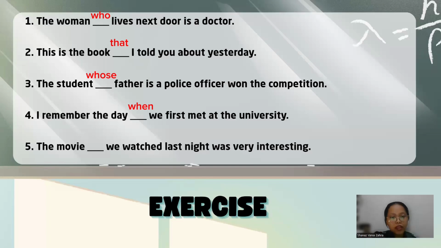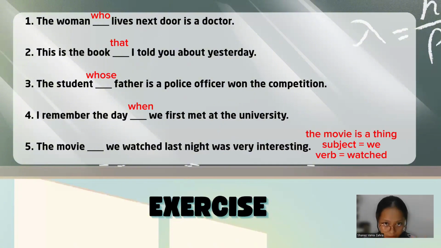Number five, the last number. The movie blank we watched last night was very interesting. The movie is a thing, right? After the blank, we already have the subject we and the verb watched. So the connector is an object.